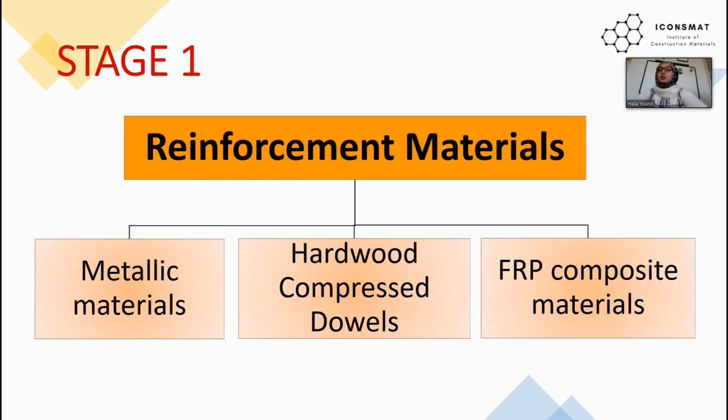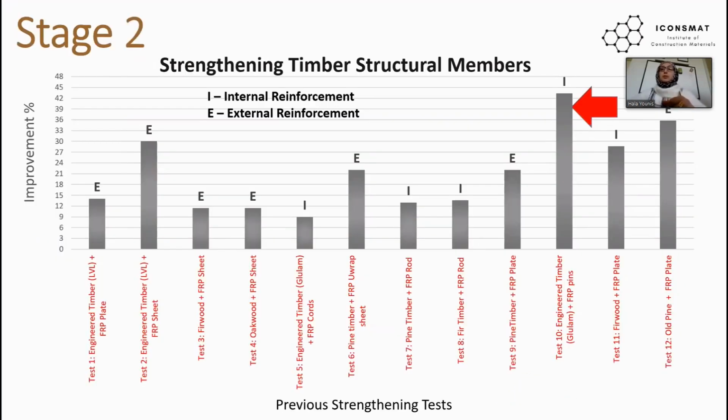After this stage, we need now to move to stage number 2. In stage number 2, finding the best implementation method of reinforcement. For this stage, many approaches conducted to reinforce timber members were reviewed in order to assess the influence of applying the fiber reinforcement material to timber members.